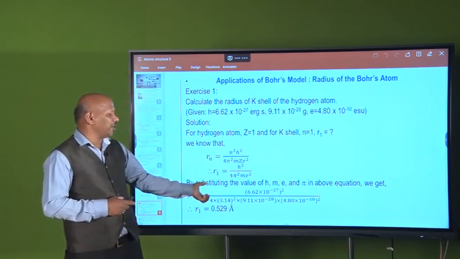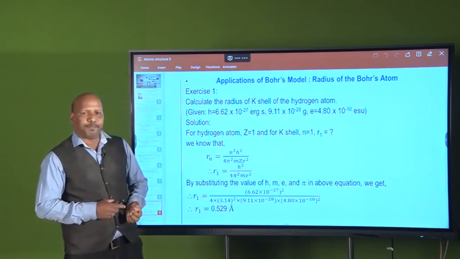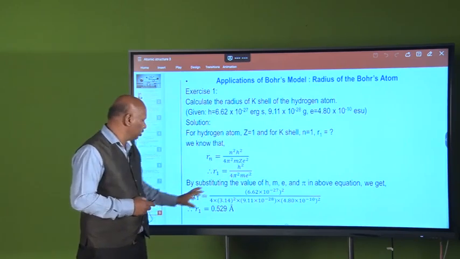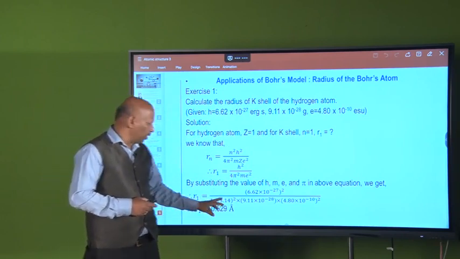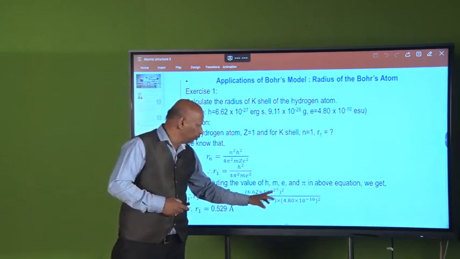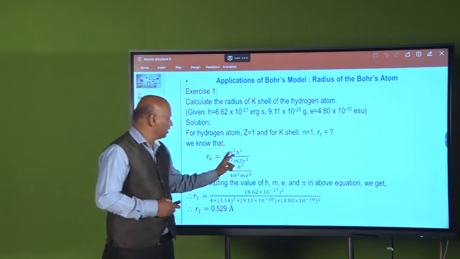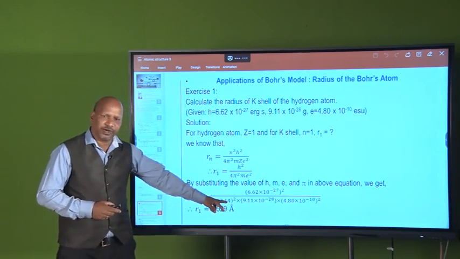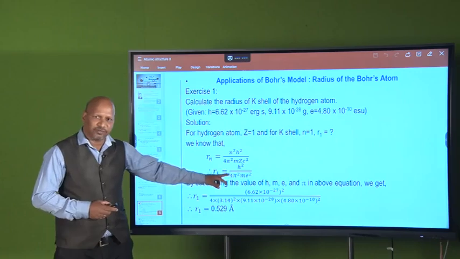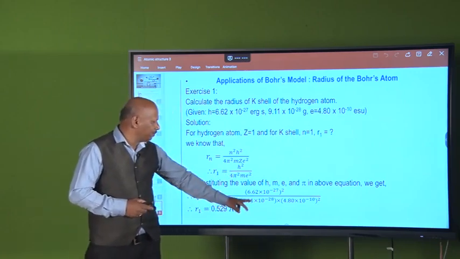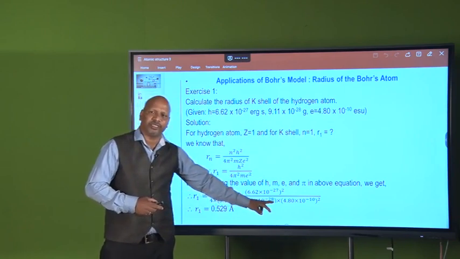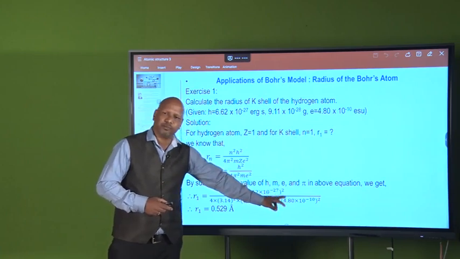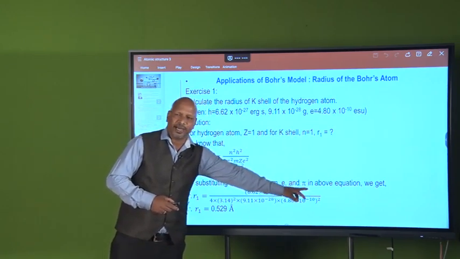Now substitute the values of h, m, e and pi in this equation. R1 is equal to 6.626 into 10 raised to minus 27, the whole squared since h square is there, divided by 4 into 3.14 square, that is pi square, then the mass of electron 9.11 into 10 raised to minus 28, into the square of e, that is 4.80 into 10 raised to minus 10 whole squared.